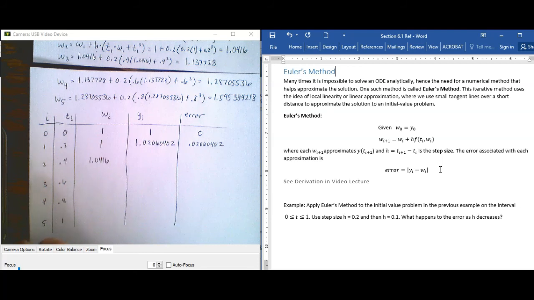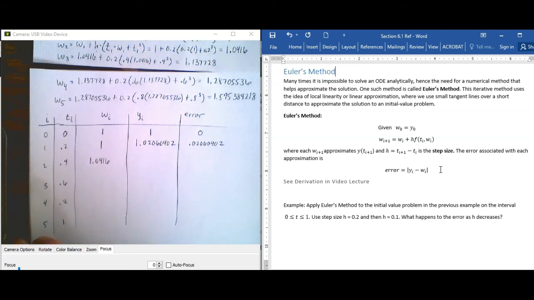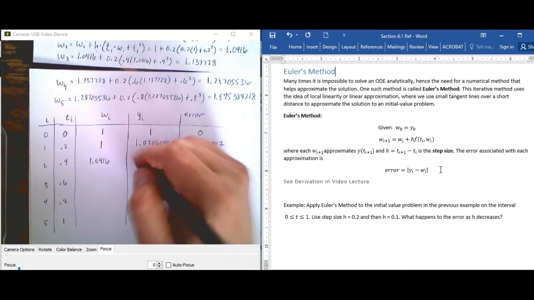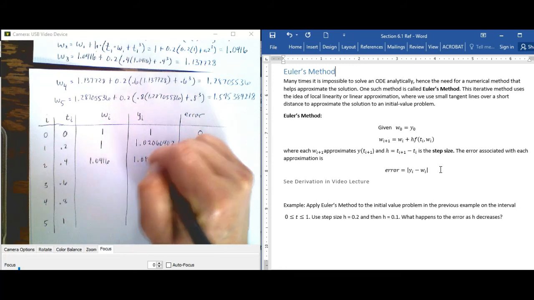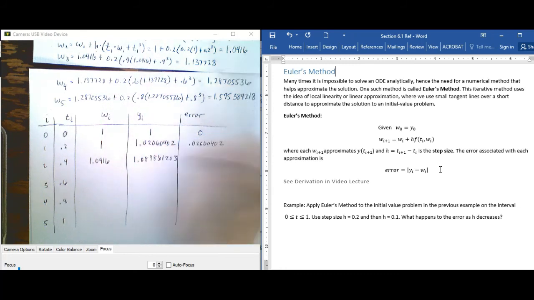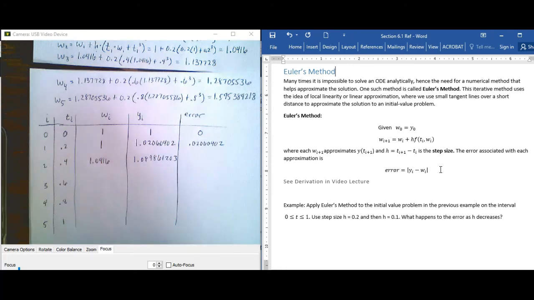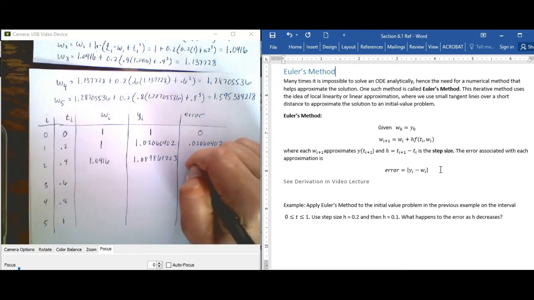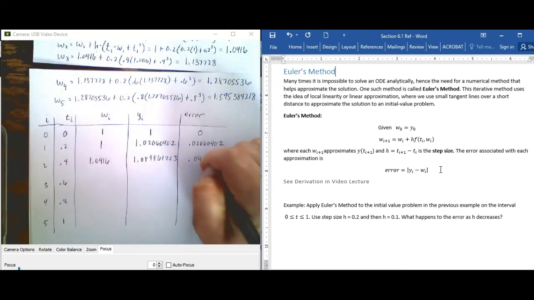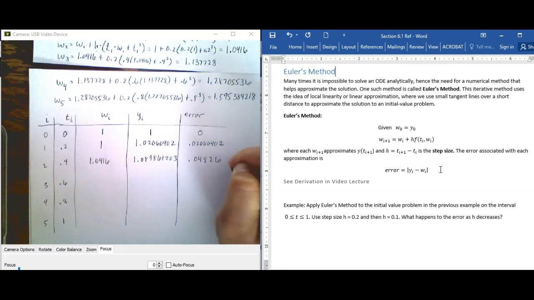So we'll just go back, change all those 0.2s to 0.4s. So it looks like 1.08986123. Subtracting for our error gives 0.04826 1203.